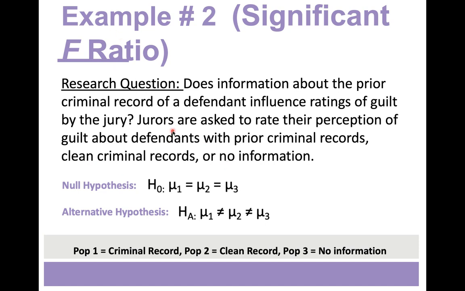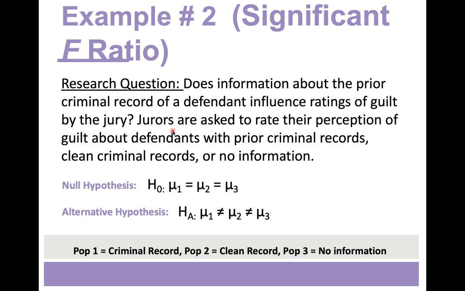So let's set up our research question. We want to know, does information about the prior criminal record of a defendant influence ratings of guilt by a jury? Ideally and theoretically, the way it should work is that people are judged by the current evidence in front of them and based on their current behavior.